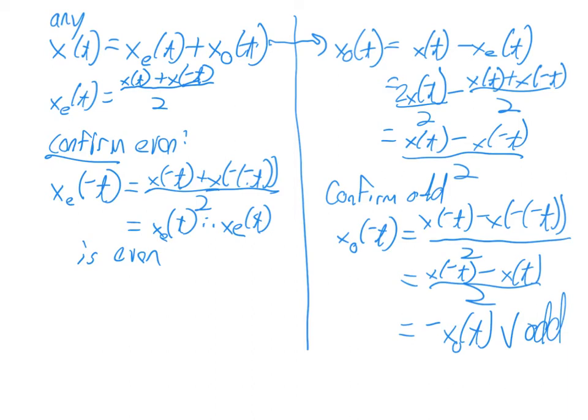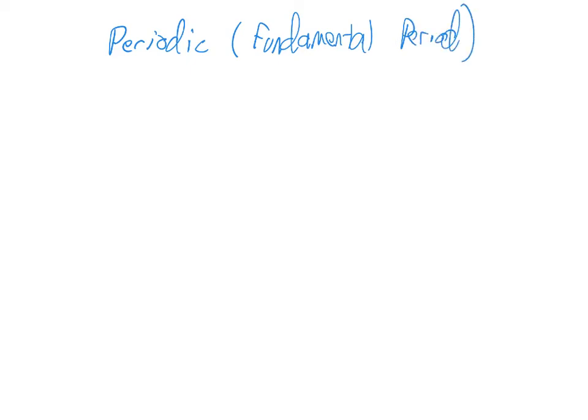Let's go on to talk about the final important waveform property in section 1.3, and that is whether a signal is periodic. And we're also going to have the concept here of fundamental period. The reason, again, that we're considering all these properties, even, odd, and periodic, is because if a signal has these properties, it will lead us to certain analysis tools that we're going to develop later in the class.